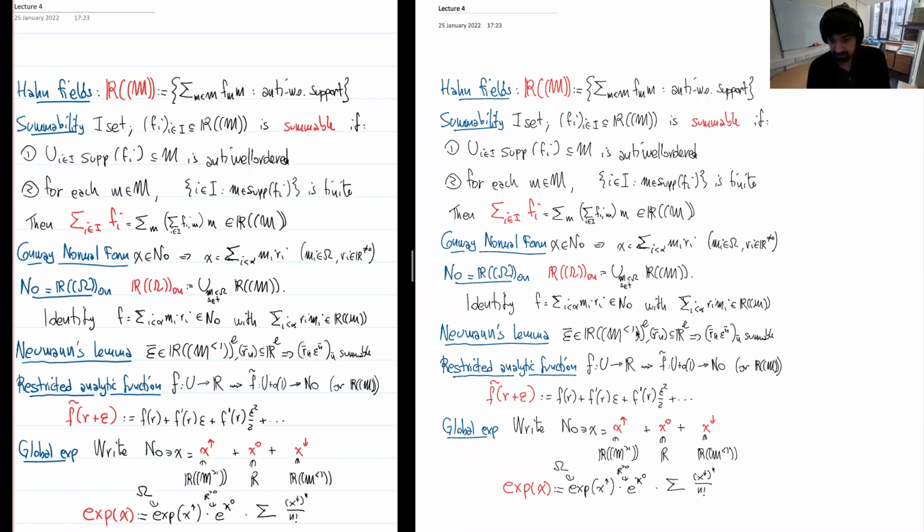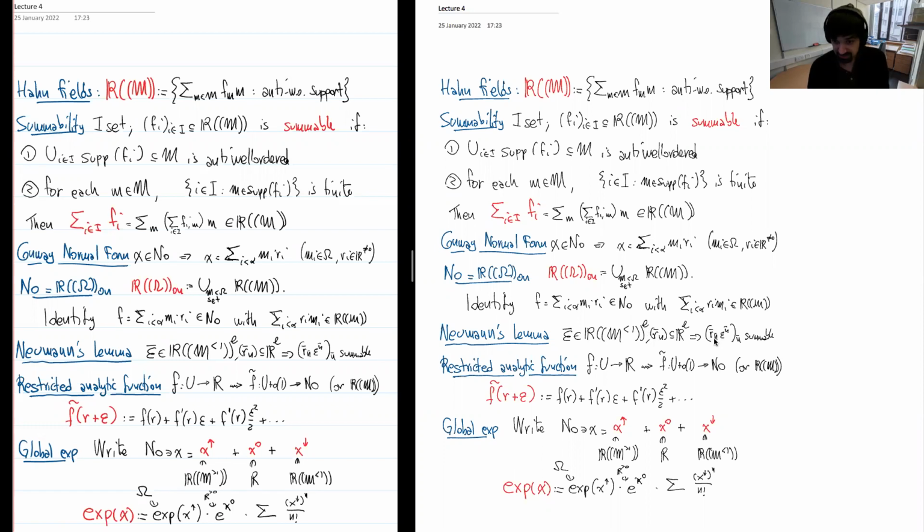Now, technically I wrote this in the general version where this epsilon is actually a tuple of infinitesimal series, but for simplicity, think about a single series, and then you take all its powers, and you're writing a power series in the series epsilon with real coefficients.